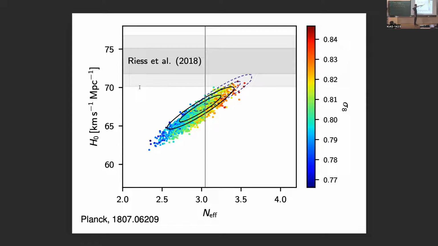And we see that by increasing the number of effective degrees of freedom, we get into the region of Rees et al. So things look good. If only they hadn't included these colored dots here. A lot of people pretend that they are not there and say that, okay, we add the dark radiation in my model so I can solve the Hubble tension.